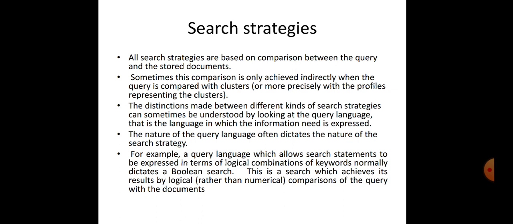Like that, we can also restrict our searching strategy. So, distinctions made between different kinds of search strategies can sometimes be understood by looking at the query language. That is the language in which the information need is expressed.